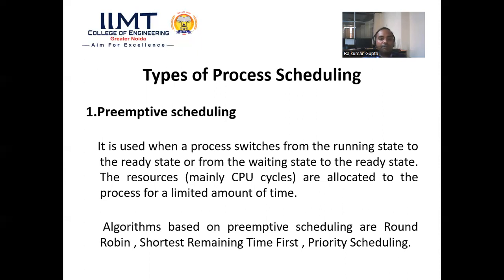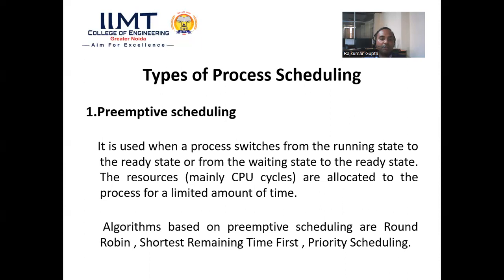There are preemptive scheduling algorithms like round robin, shortest remaining time first, and priority scheduling. Priority scheduling is the only algorithm which comes under both preemptive and non-preemptive types. In preemptive scheduling, the CPU always switches from one process to another process.